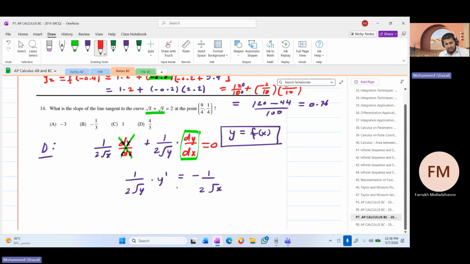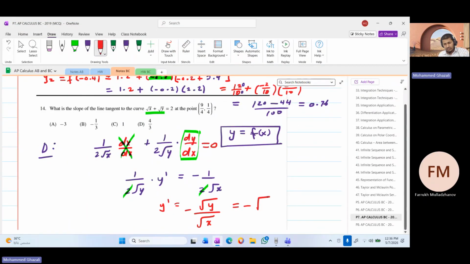Now if I cross multiply, I will get 2 root x. The 2's will cancel out, multiplying both sides by 2. If I take this root y across to the other side, problem solved. Cross multiply, so you get y prime is equal to negative root y over root x. What's y? y is a quarter.